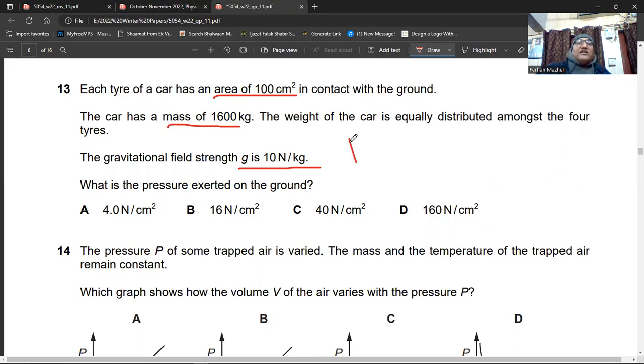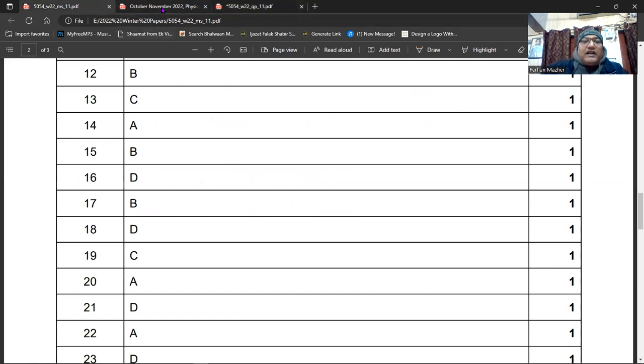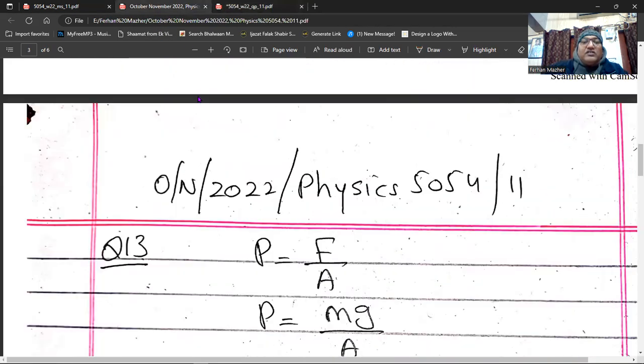So you know the pressure is equal to the weight divided by the area, but here the weight of the car is not given, the mass of the car is given. From the mass of the car I can find out the weight of the car, that will be W equals mg. So I can show you this calculation.